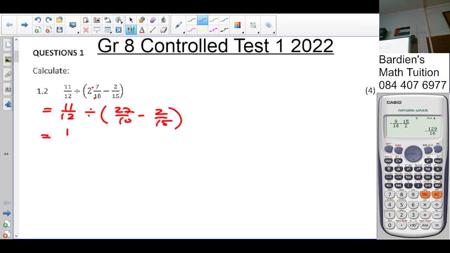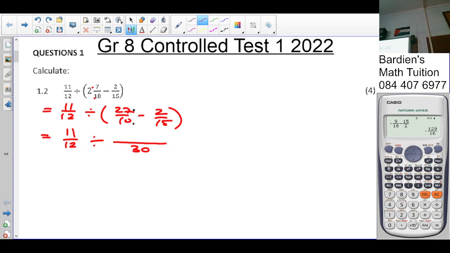So what's your LCM inside the bracket? 30. Not so? Because between 10 and 15, 15 is the bigger denominator, of which 10 cannot go into. If you count in multiples of the bigger denominator. So you multiply this by 3.